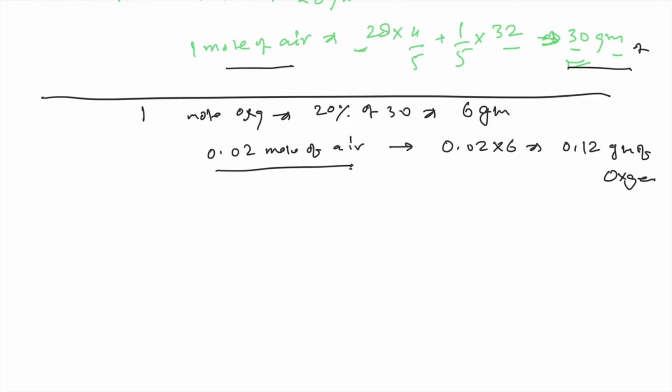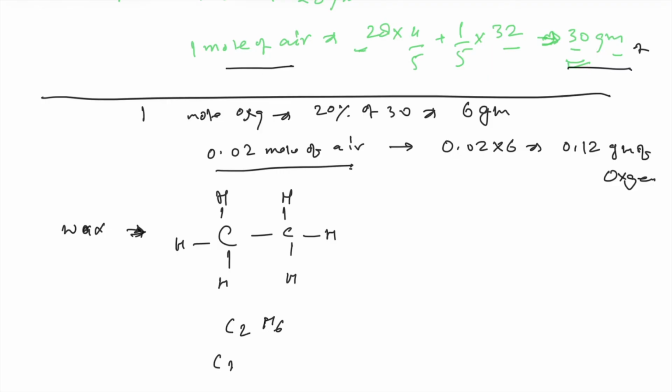Okay, now we have to find out how much oxygen was burned to burn that paraffin or wax, let's say wax. So what is the wax formula? Wax is a petroleum, and it is an alkane of 31 order. Alkane is nothing but this type of hydrocarbon, like C2H6, so CnH2n+2 type, right?